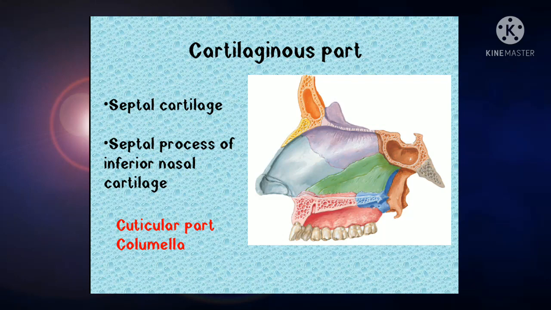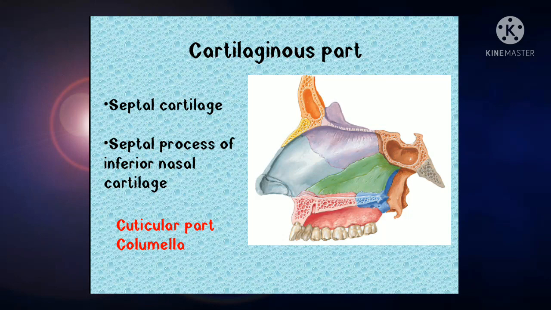The lower margin of the septum is called the columella. The nasal septum is rarely strictly median. Its central part is usually deflected to one or other side. The deflection is produced by overgrowth of one or more of the constituent parts.